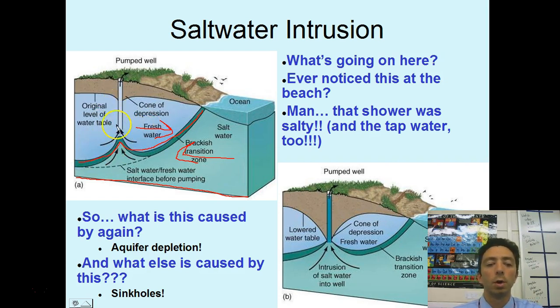If we overdraw the freshwater aquifer, it's slowly going to lift up that saltwater and change the interface and move it closer and closer to the mouth of the well. If we continue this and really significantly deplete our fresh water, that saltwater is going to start entering the well. And at that point, you've created a major problem, because that well is no longer producing fresh water when you might have relied on it to do so.